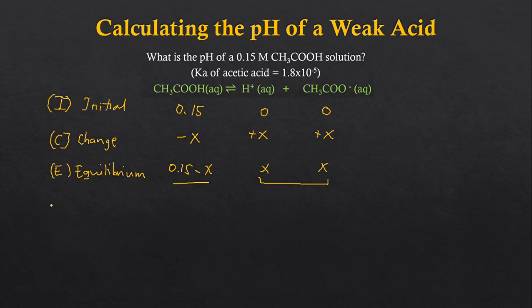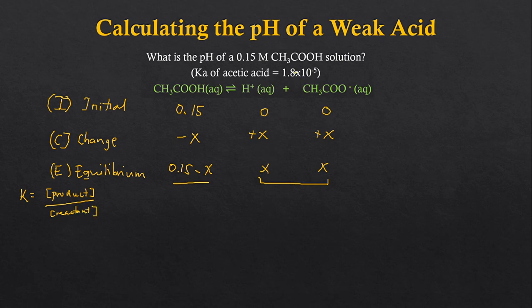So, di ba ang formula natin for chemical equilibrium is K is equal to the concentration of product over the concentration of the reactant.